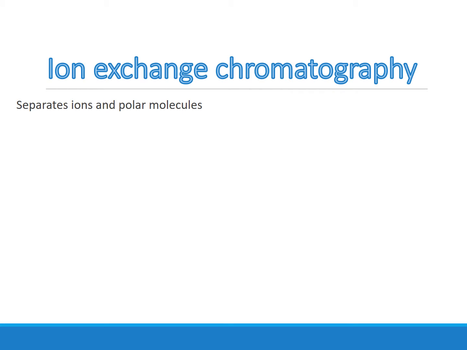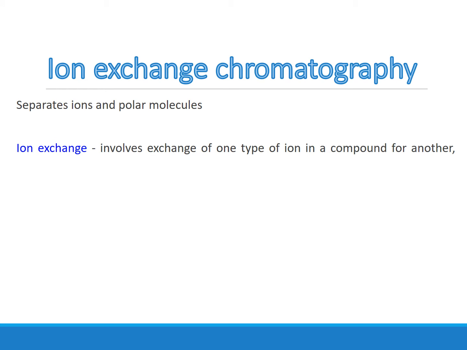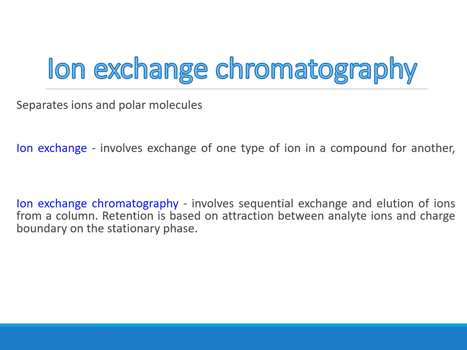Thus, in ion exchange chromatography, we are studying ions or polar molecules which are exhibiting charge. The ion exchange mechanism involves exchange of the specific ion, anions or cations. So we have usually one type of analyte at a time.